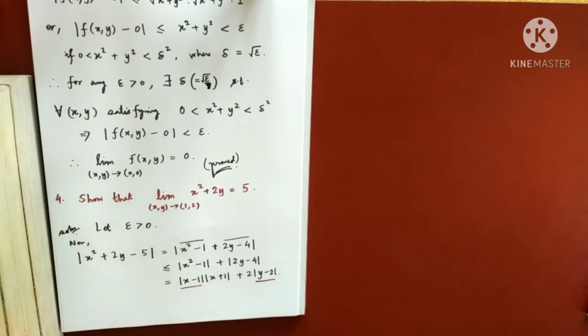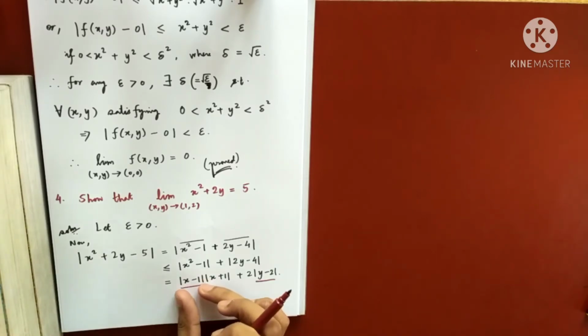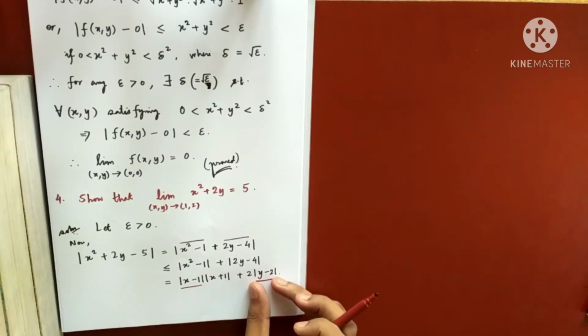This time we will not find the circular neighborhood, but rather we'll choose the rectangular neighborhood. Remember, while writing the definition of the limit, I had written there whether it is a circular or square or rectangular neighborhood or any other neighborhood. Just neighborhood is enough. Inside that I can find an open ball, right? So I'll consider this as less than delta, this is less than delta.